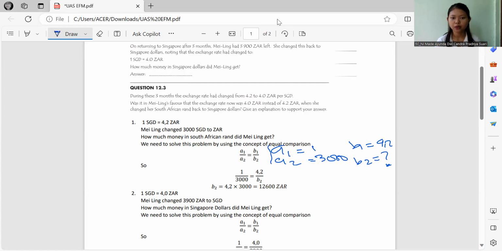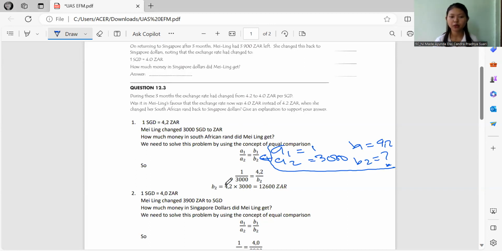So, from this mathematical model, we will substitute this into the formula. It will be 1 divided by 3,000 equal to 4.2 divided by B2.